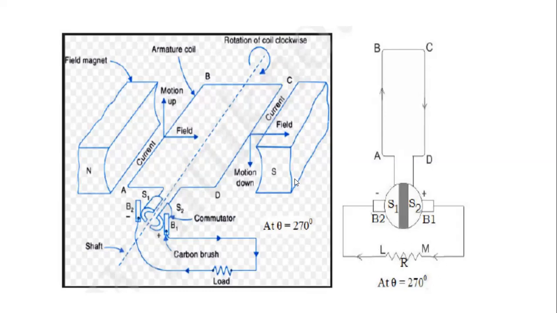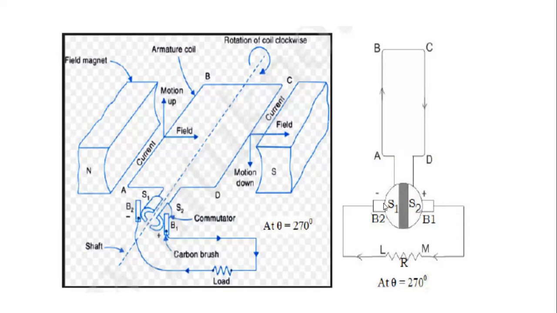This is the action of a commutator. Understand? These are the commutator segments. The commutator is divided into two segments, S1 and S2, by the mica.